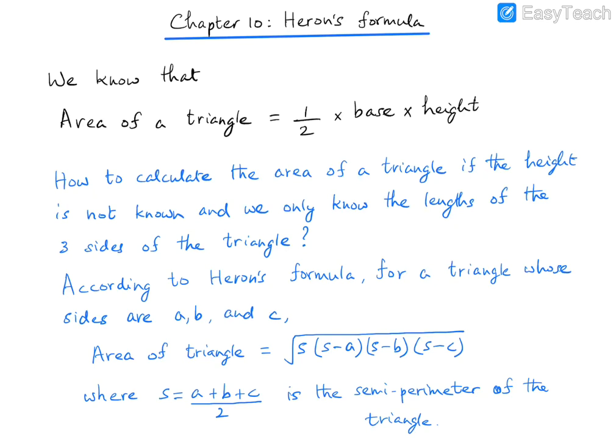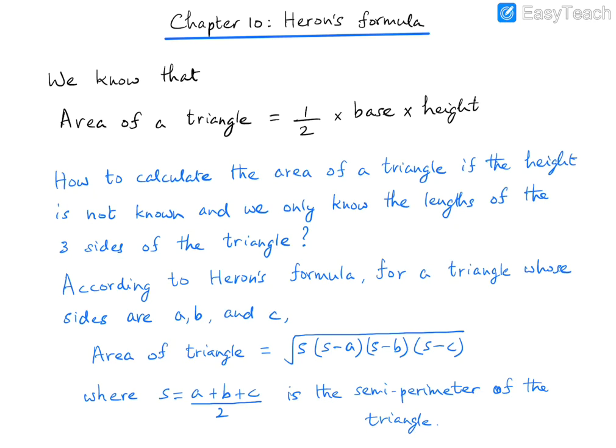Basically, it gives the formula for calculating the area of a triangle when we don't know the height of the triangle. So when the only information available with us are the three sides of the triangle and there is no way of finding out the height, what is the procedure to find the area of the triangle?